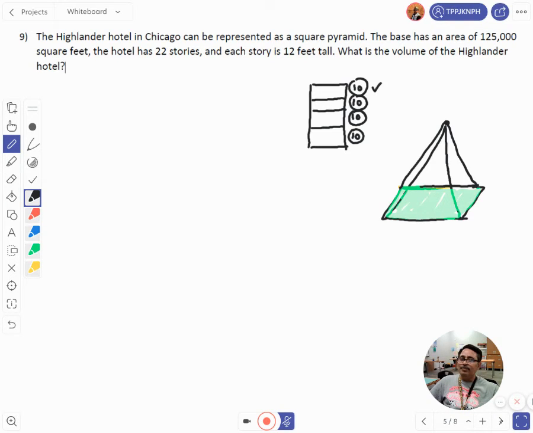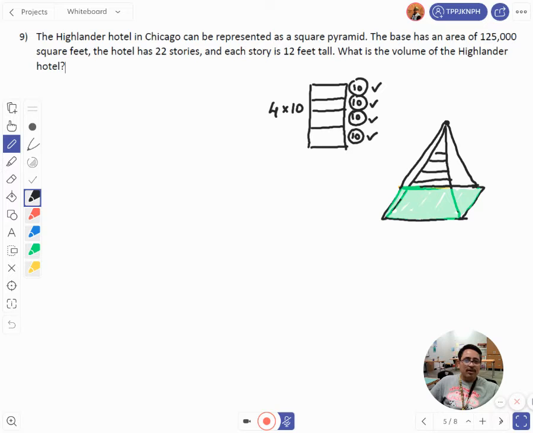It is 10 plus 10, 20, 20 plus 10, 30, 30 plus 10 is 40. Right? 4 floors, each 10 feet tall, means 4 times 10 is 40.